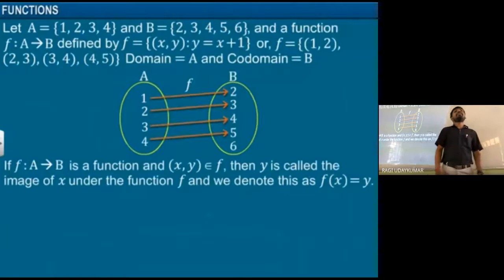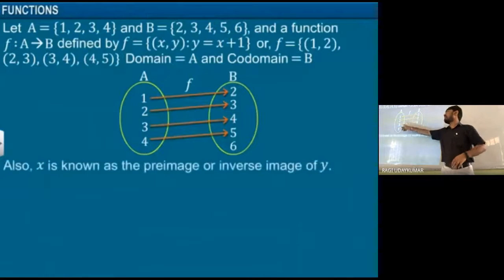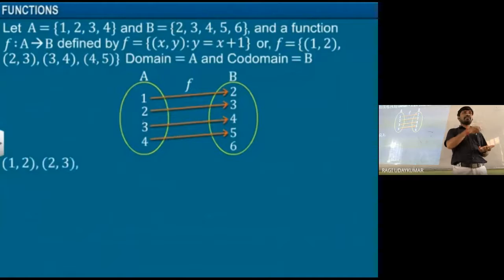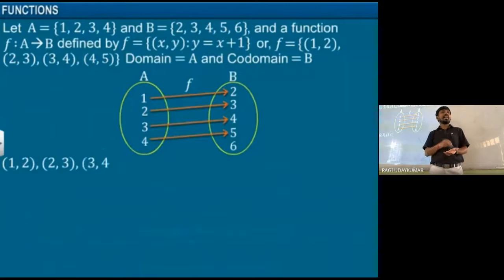Whenever we are saying image, we denote that f of x equals y. f of 2 equal to 3, f of 3 equal to 4, f of 4 equal to 5, f of 1 equal to 2, like that you can write. So this is called pre-image. Already I told you that. So (1, 2) belongs to the relation function, (2, 3), (3, 4), (4, 5).